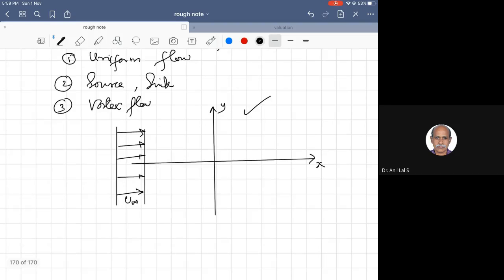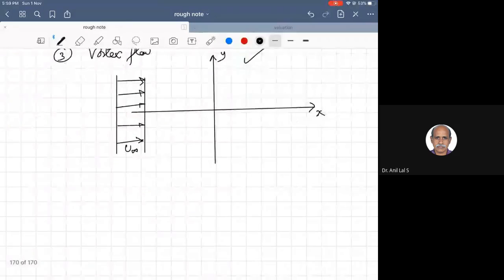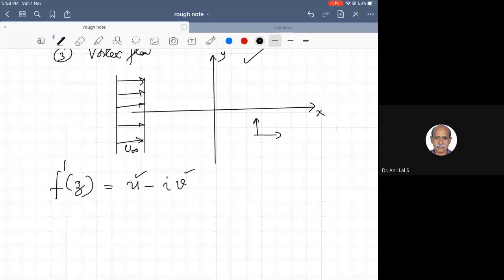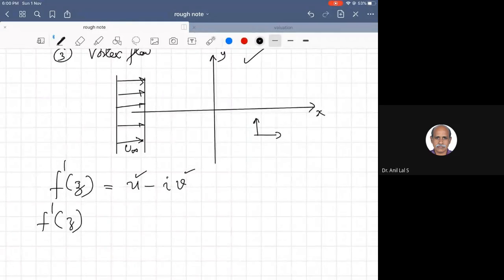For deriving the complex flow potential, we must remember this equation of f dash z, which is the complex velocity, that is u minus iv, where u and v are the horizontal and vertical components of velocity. And you can have the other equation also, in terms of the radial component of velocity and tangential component of velocity, u theta.